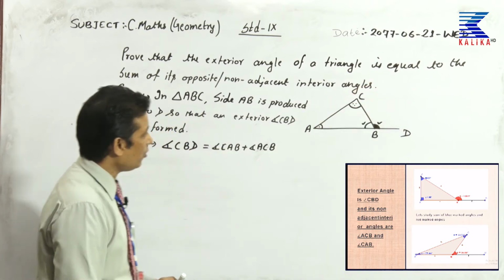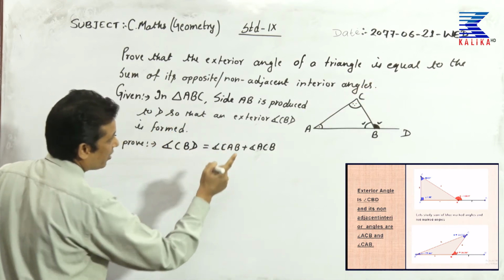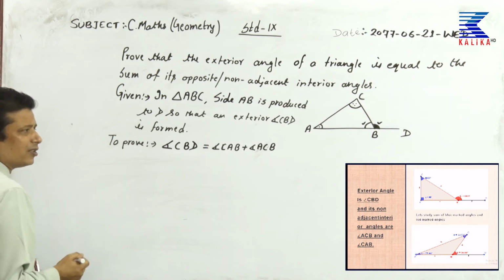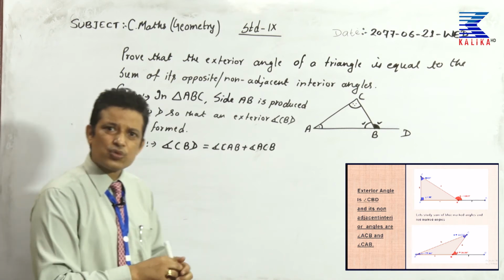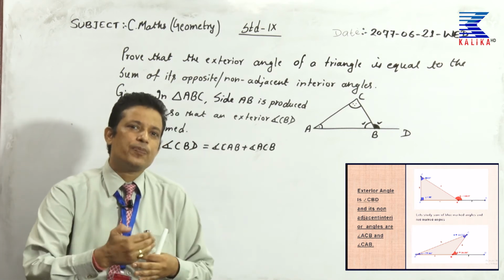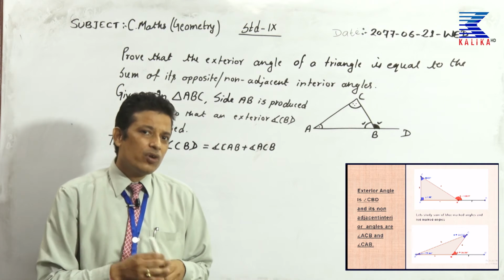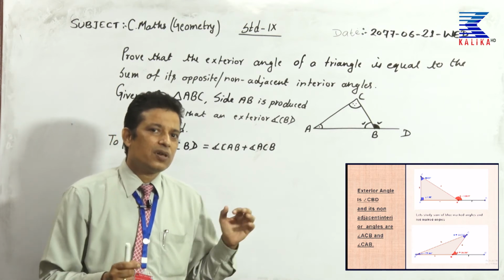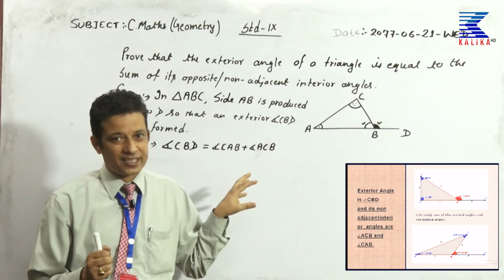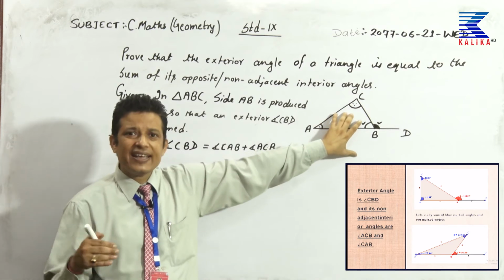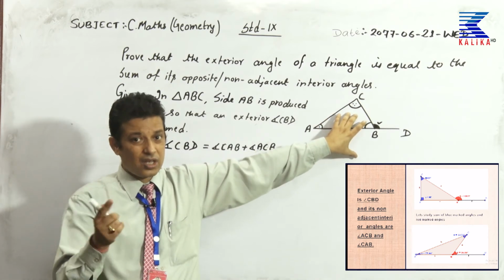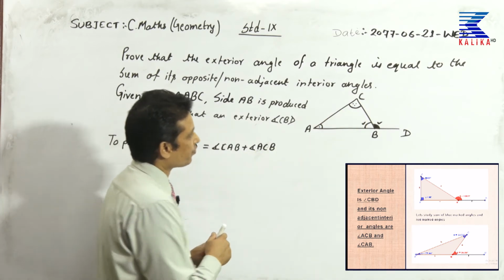Now we are talking about its non-adjacent angles, and yesterday I told you sometimes we need some additional plan to prove it, and therefore we make a construction that helps us to prove the fact, but this time we can easily prove this all. You know how? Let me show you.